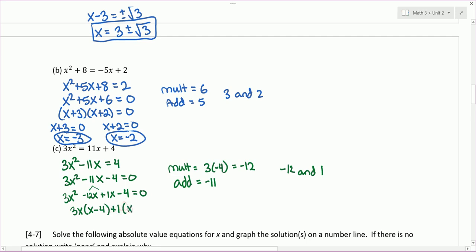And again, I'm left with an x minus 4. For this to work, we want both of those parentheses to match. They both have an x minus 4. So because of that, we can factor out an x minus 4, and we're left with the 3x plus 1.